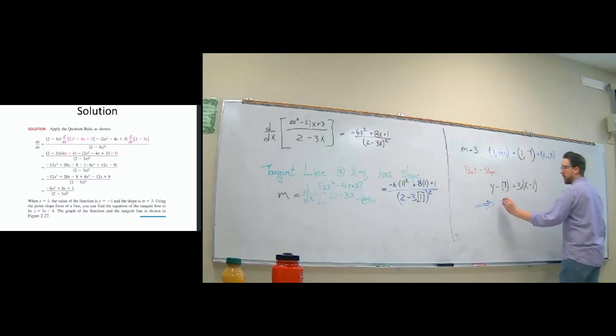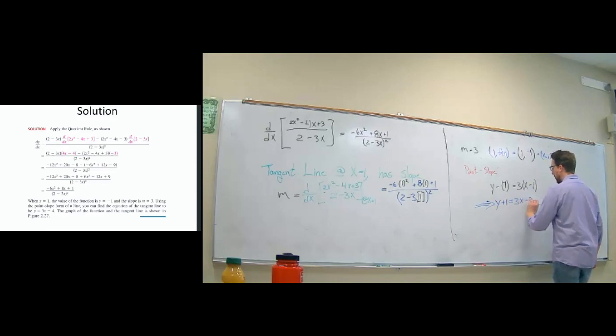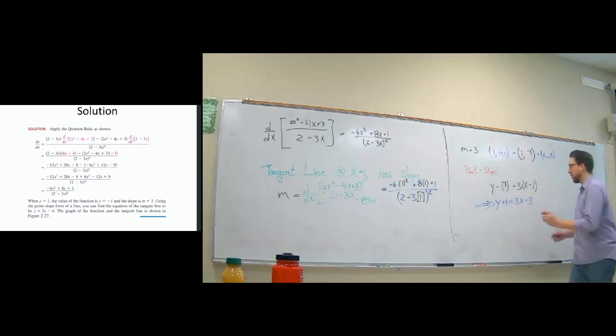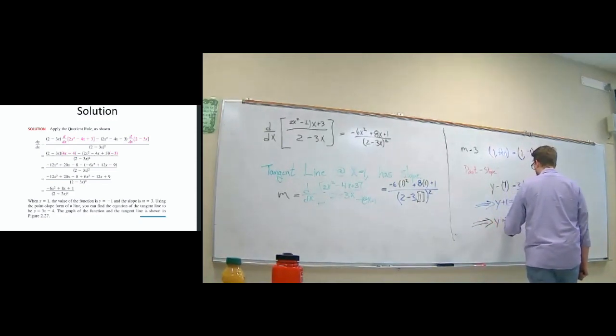So this is going to be y plus 1 is equal to 3x minus 3. Subtracting 1 from both sides, y is equal to 3x minus 4.